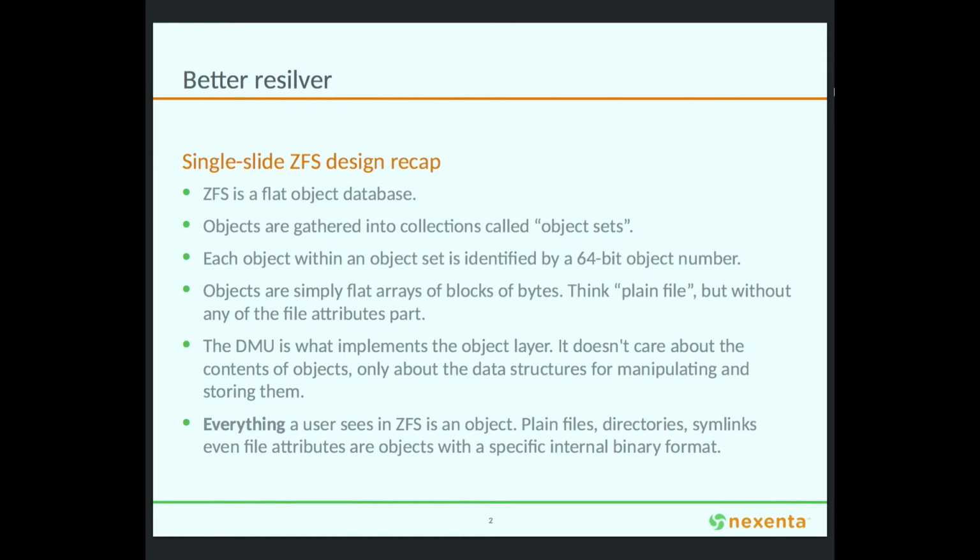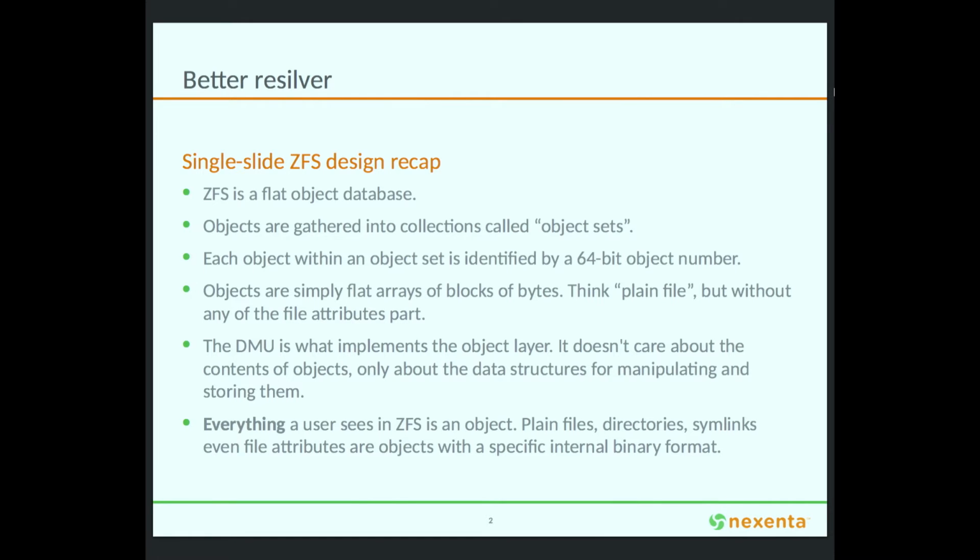You can think of them as basically like a flat plain file. It's just an array of blocks, identified by a number, and we always group these things into things called object sets.